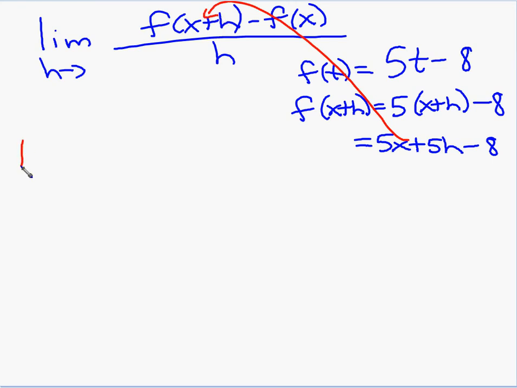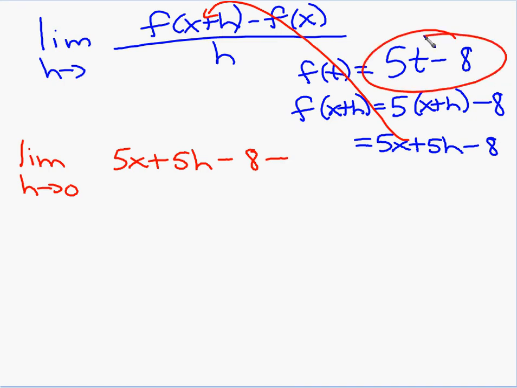So now I have the limit as h approaches 0 of 5x plus 5h minus 8 minus the original function. Now, don't get caught up in t's and x's. I mean, if you by accident start working with x's, just keep using them. So now I need to subtract carefully. I'm going to use an x. 5x minus 8 all over h.